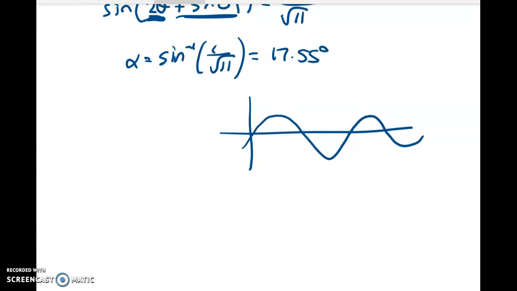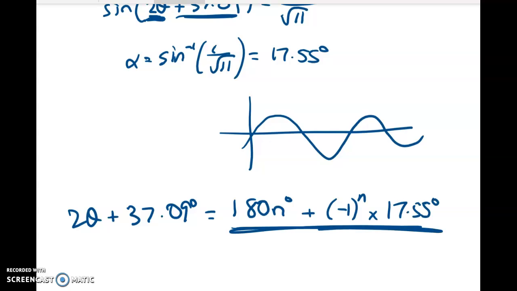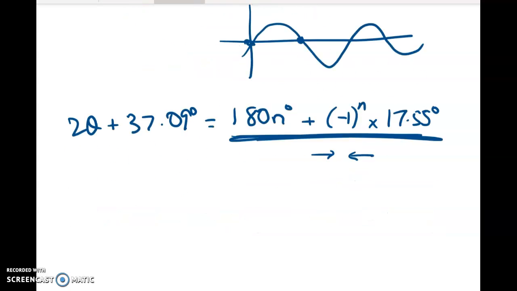So the way that I did this one was: 2 theta plus 37.09 degrees is going to equal the general solution for sine done in degrees, so 180n plus my flipper, minus 1 to the n, times 17.55 degrees. Remember, this came from the symmetry of the sine curve where we're going out 180 and then either in or out. But we did that a long time ago.